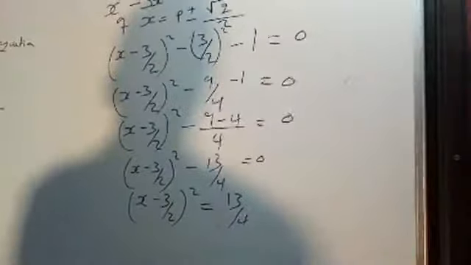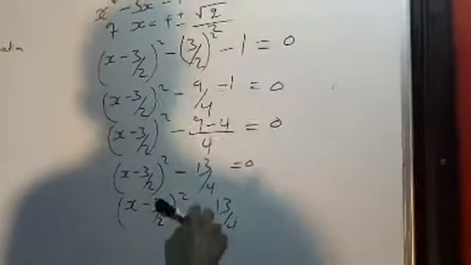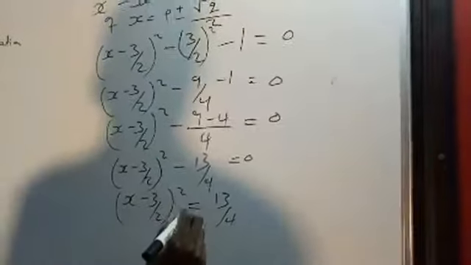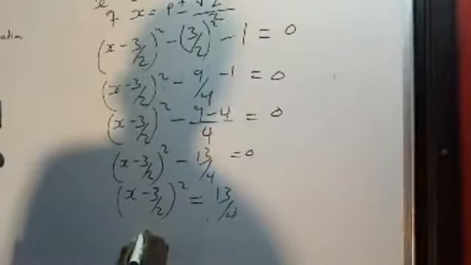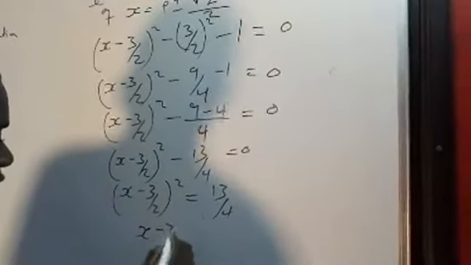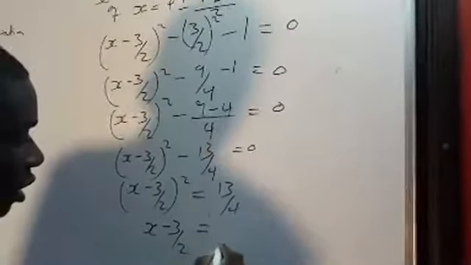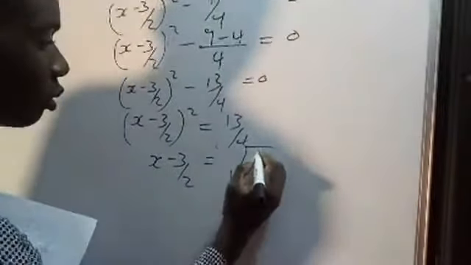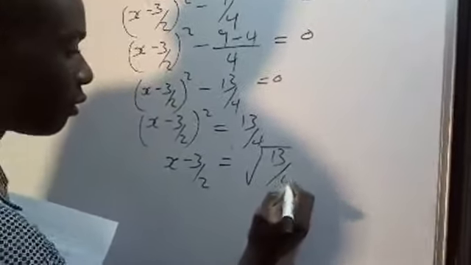Removing the squares, we are going to square root on the right hand side, becoming x minus 3 over 2 equal to square root of 13 over 4.